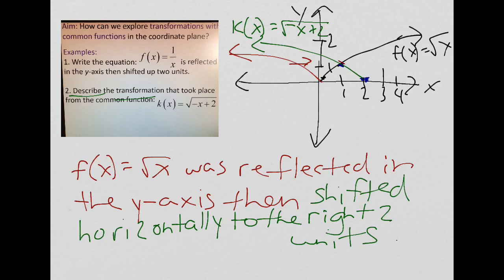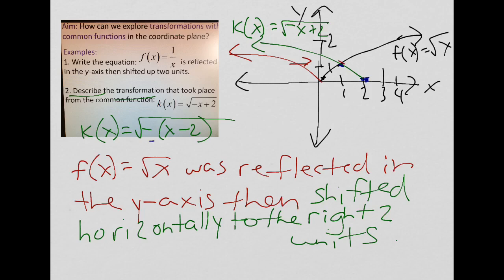Okay. Now, you may be wondering why, if it went 2 units to the right, it was a plus 2 where there is an x. Because in my last slide, I had said, oh, if it's going to the right, it's minus something. That's because it's under the square root, so it's affecting all of where x is. So it's a matter of actually looking at this and saying that you're factoring out the negative.